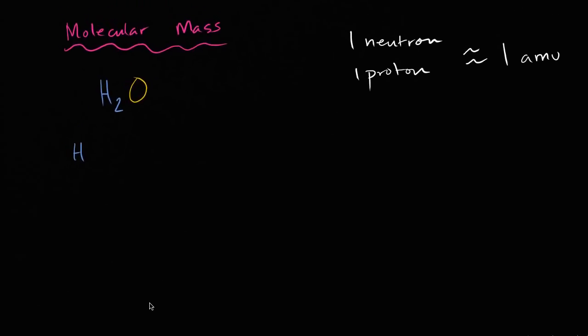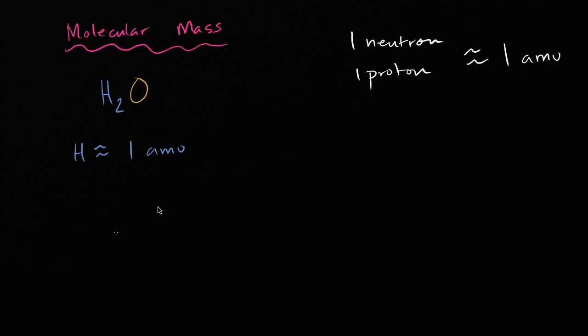So most of this mass is essentially the proton, a little bit of the electron, and also kind of the weighted average when you think about the other isotopes of hydrogen that might have a neutron involved with it. But for the sake of this, we could say, hey, hydrogen, it's a proton with an electron kind of buzzing around it. And so it is approximately 1 atomic mass unit.